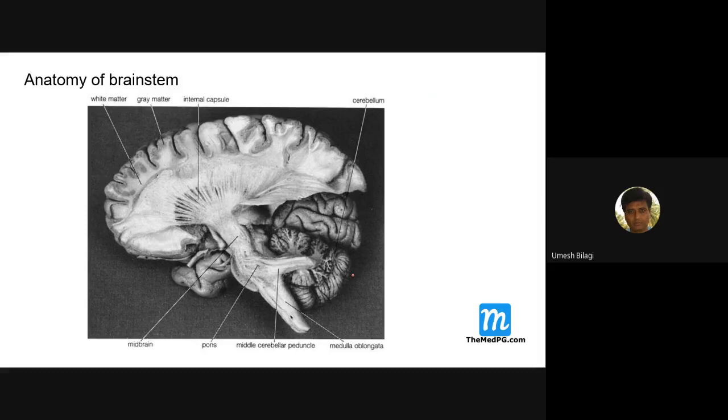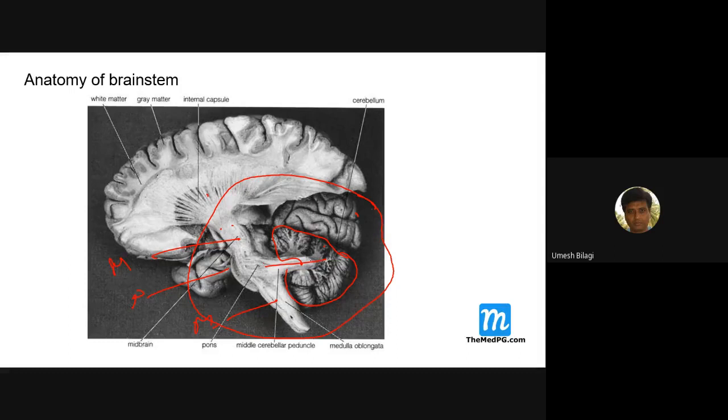Now, this is a brain. You can see this brain. The most important thing, my interest, is this part. Here you can see this is the brain stem, and this is the cerebellum. This is midbrain, this is pons, and this is medulla.